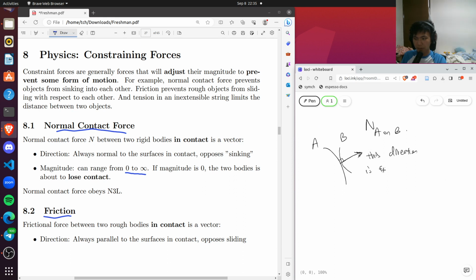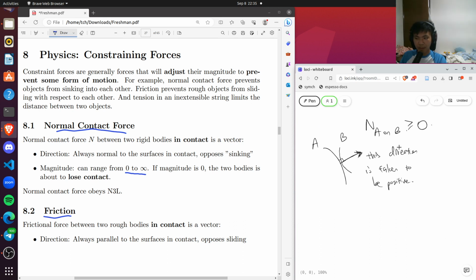This is taken to be the positive direction for this vector. So the normal contact force can be greater than or equal to 0, right?